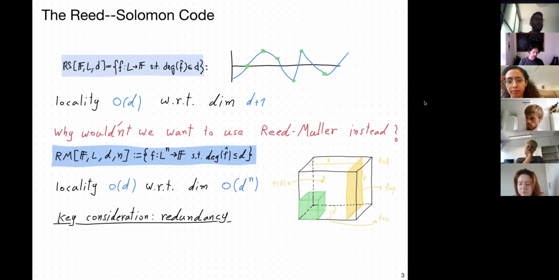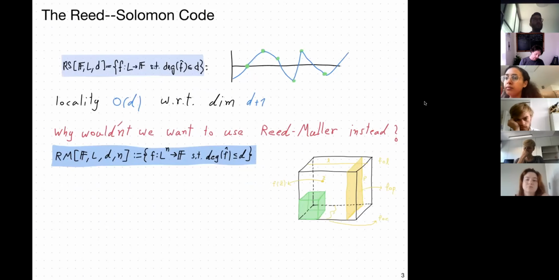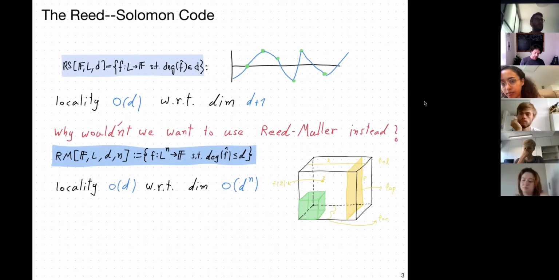the locality is O of D, even though the dimension is O of D to the n. So what do I mean by that? Here, if I'm writing the information, I'm writing D to the n. Just for concreteness, let me instantiate this.